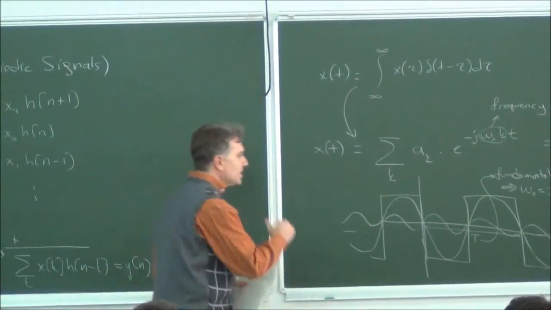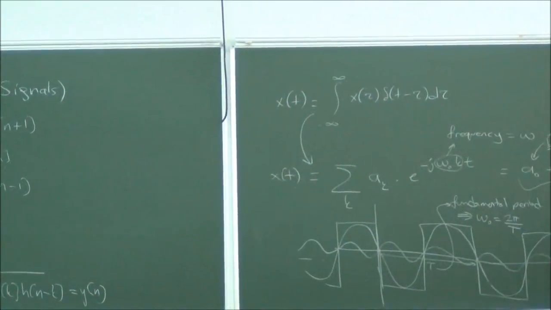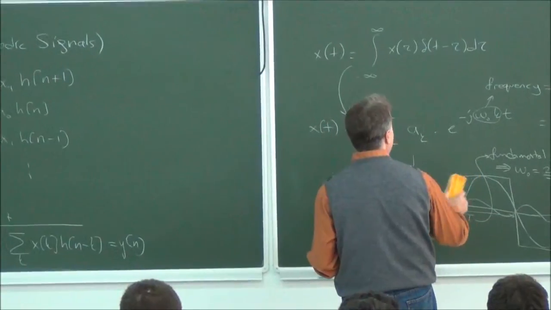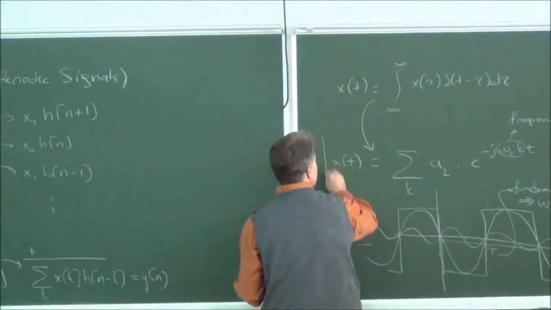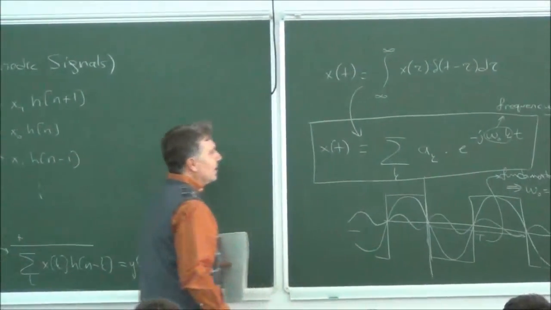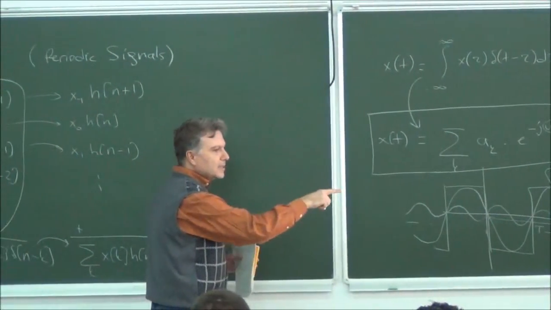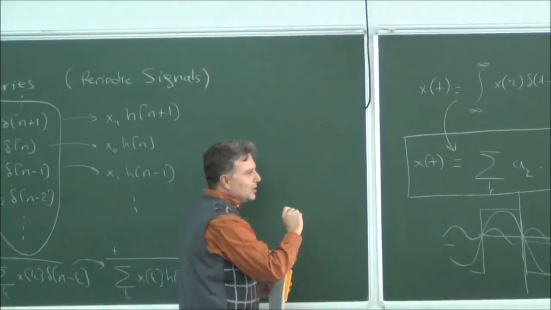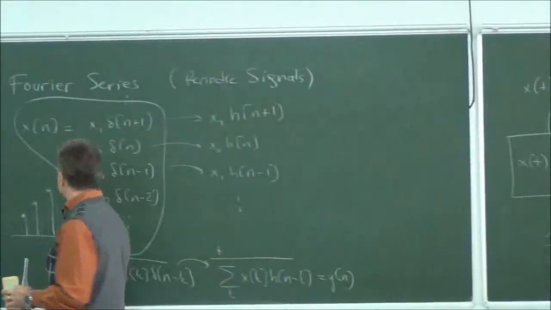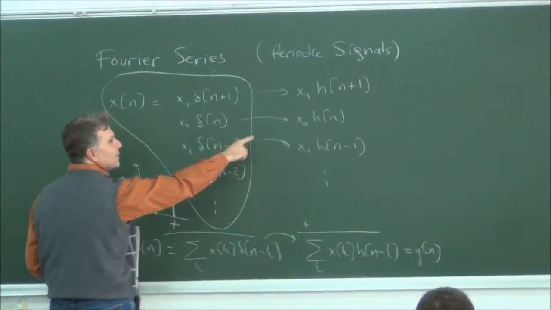But there is one other important reason about why we need this kind of a representation. It's not only the axis, but it's due to a very nice property of linear and time invariant filters. It is as good as this one.